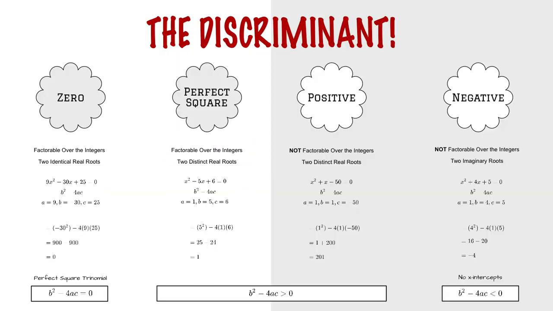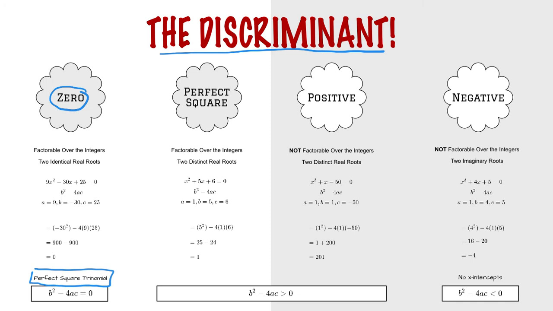Now here are the 4 examples that I just went through, set up in a chart. And we're talking specifically about the discriminant. So when the discriminant is 0, you get a perfect square trinomial. And that is factorable.